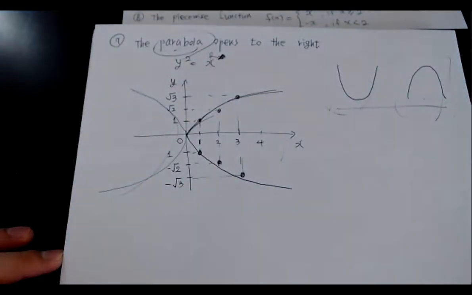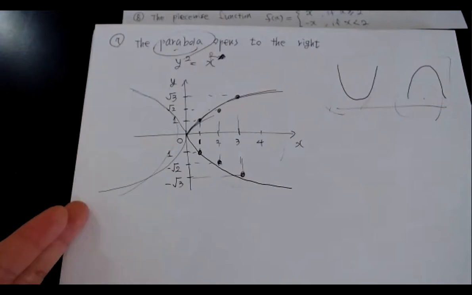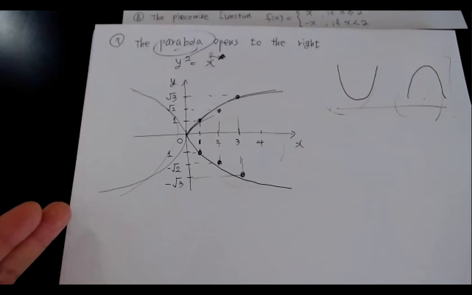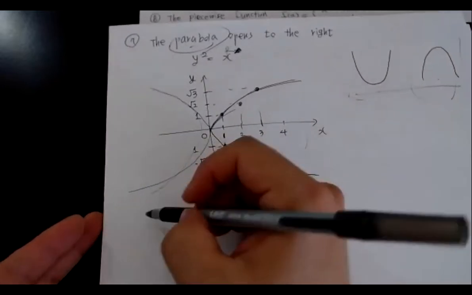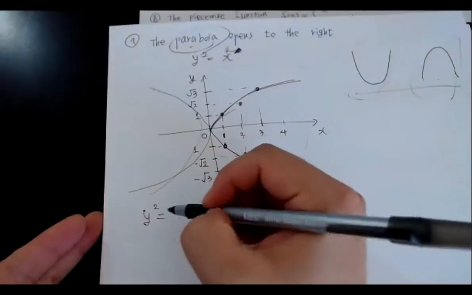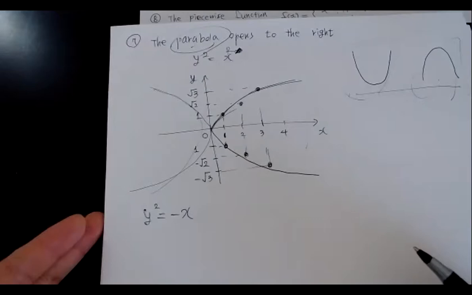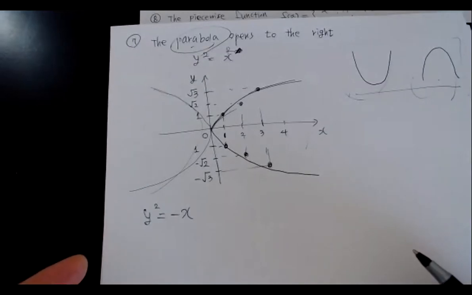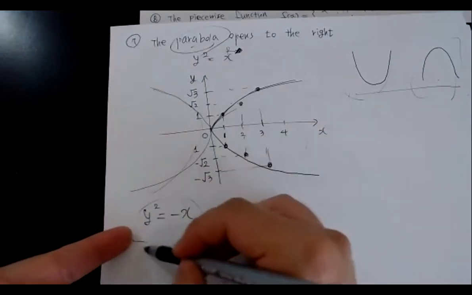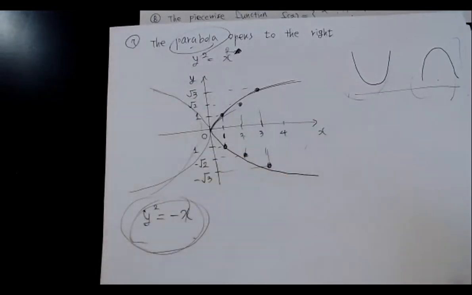By the way, what's the equation of the parabola that opens to the left? Y squared is equal to what? Negative x. How come? We're gonna see why, and how we can get this one, in 2.3.